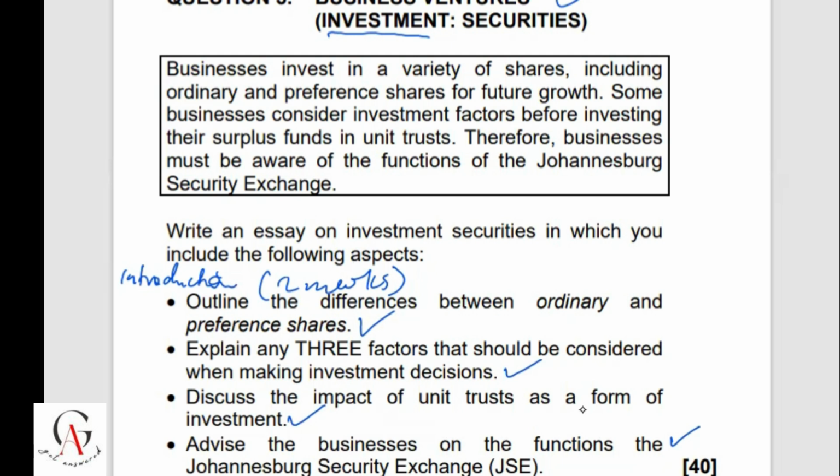Remember, preference shareholders are those that have invested larger sums of money into the business. But when we talk of ordinary shareholders, these are gentlemen or ladies that invested a small amount of money in the business.